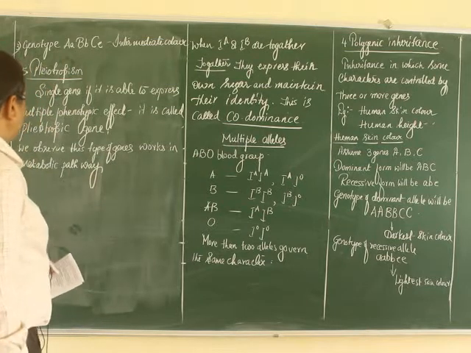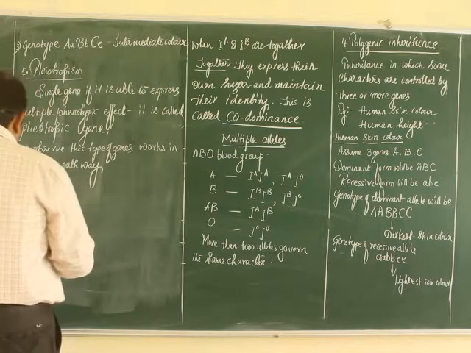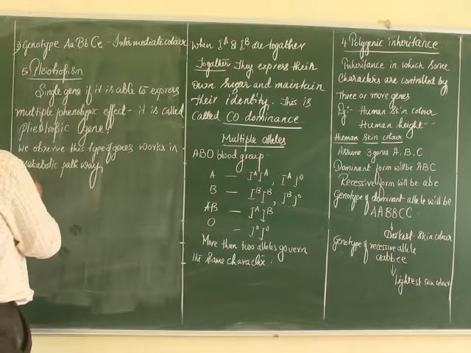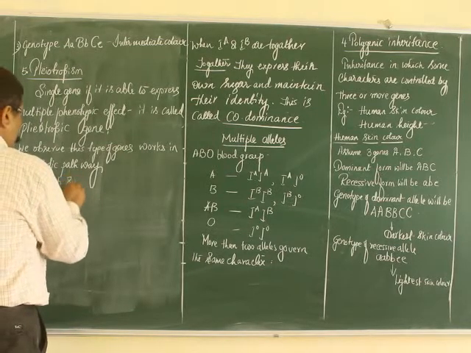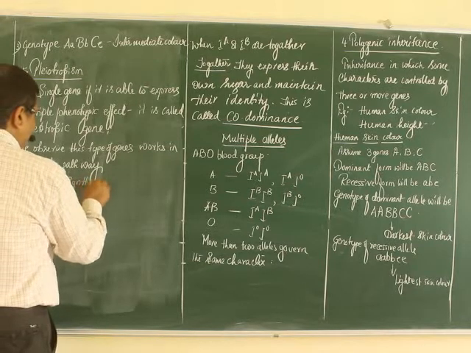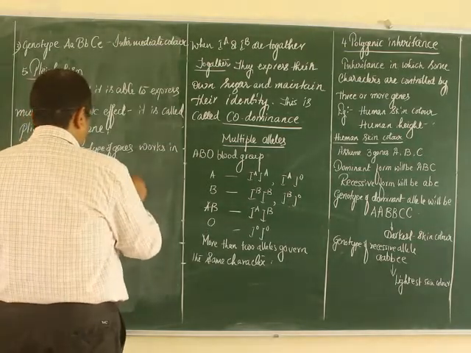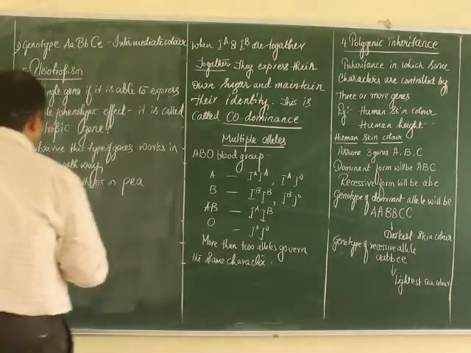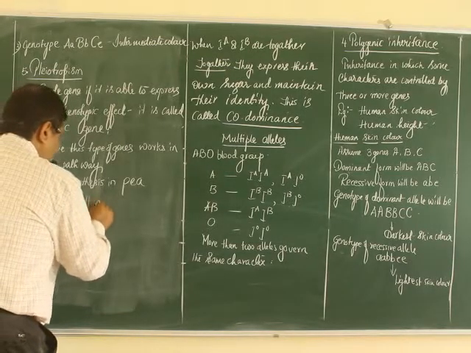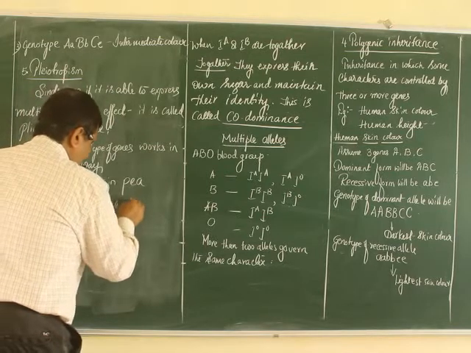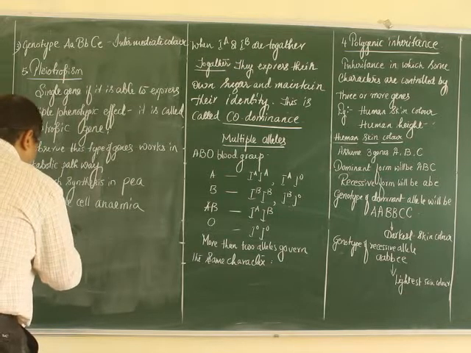Metabolic pathway means digestive activity. For example, starch synthesis in pea plant. Sickle cell anemia is another example. Then phenylketonuria is another example.